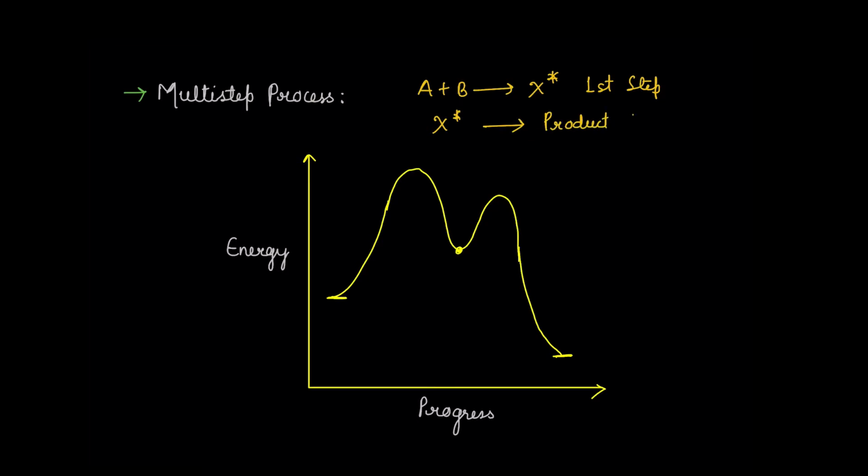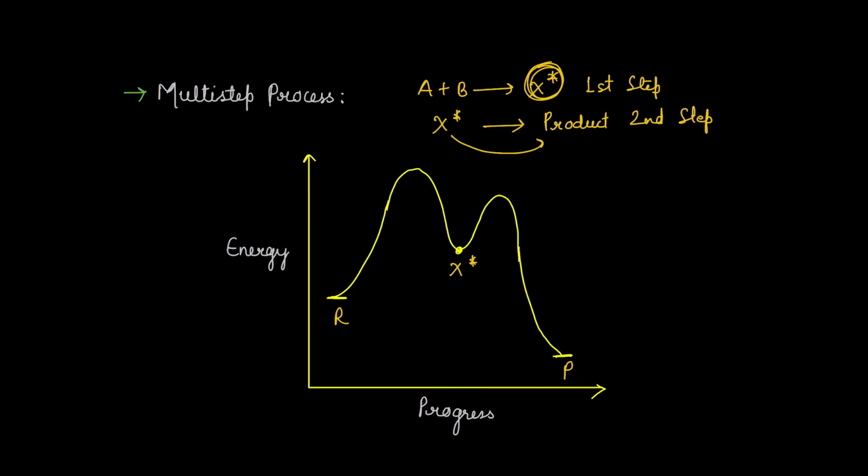This is our second step. So this X star is our intermediate, which is getting converted to product in later stages. And if you look at the energy profile diagram, we can see we have reactants, products, and here is our intermediate.